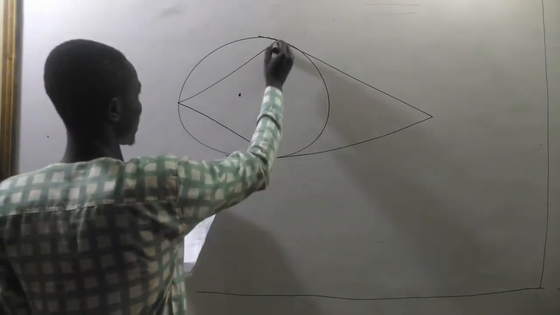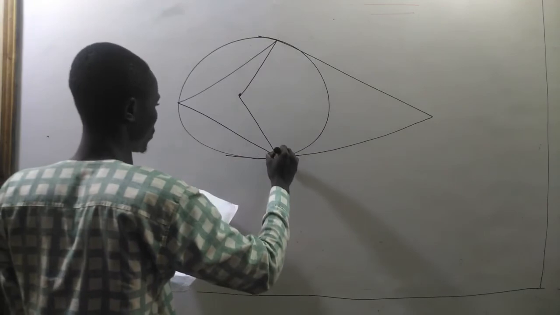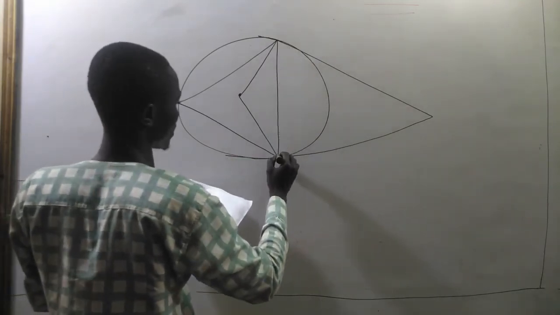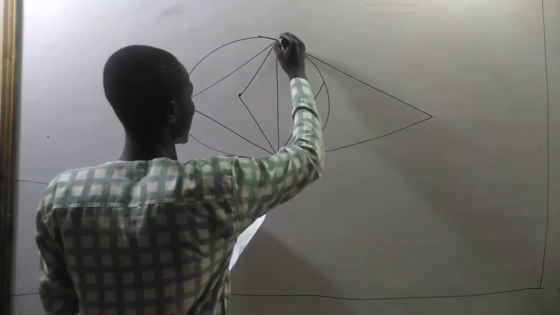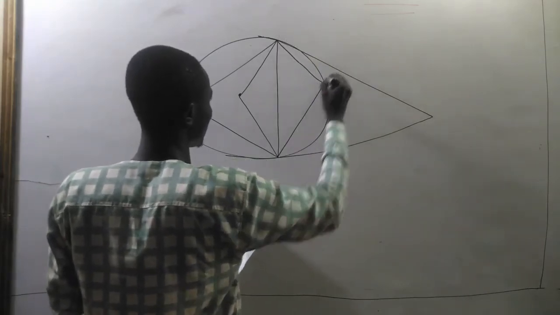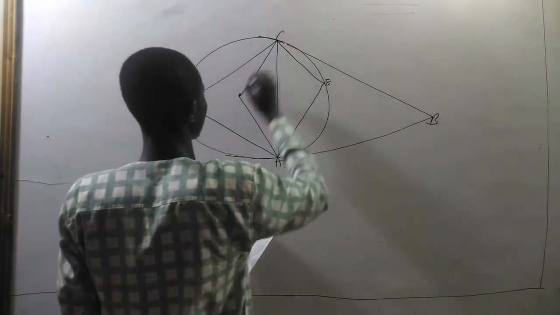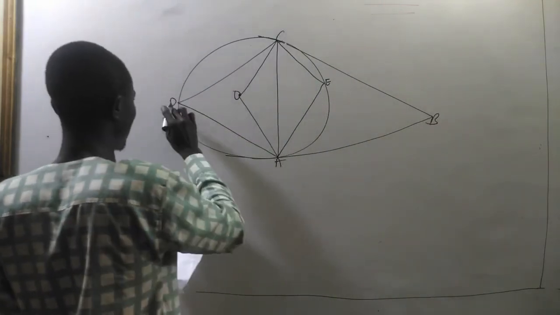This is the center. We join, and then this line comes here. There's a line that comes here, and one can meet it at E. We have A, B, C, center O, and here is D.